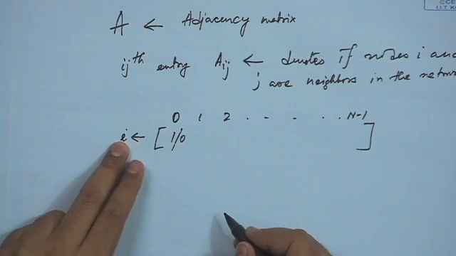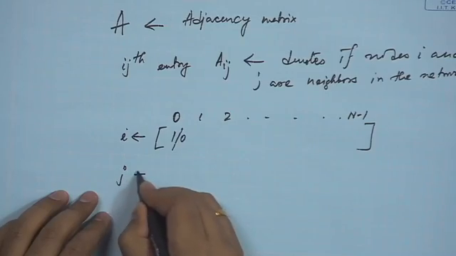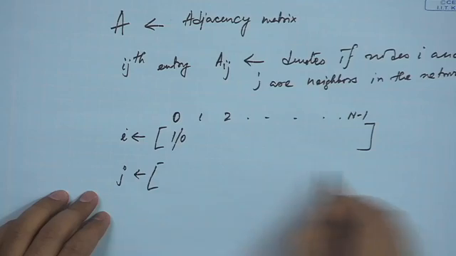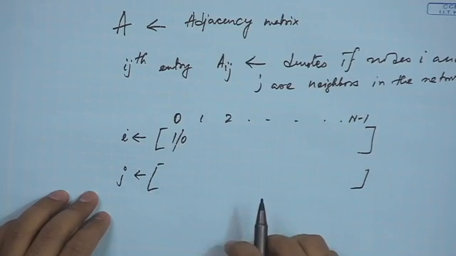If node i is a neighbor of node 0, then you put a 1. If it is not a neighbor of node 0, you put a 0. In this way you make a vector representing the neighborhood of i. Similarly, you can construct a vector representing the neighborhood of j.